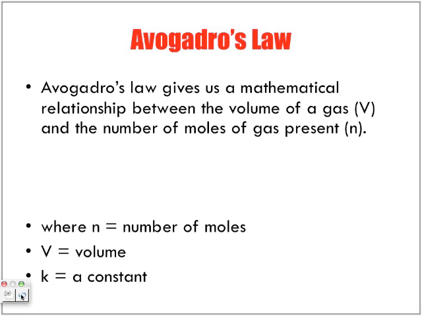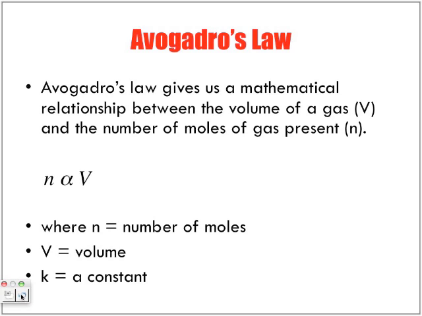So, Avogadro's law. Avogadro's law gives us a mathematical relationship between the volume of a gas, V, and the number of moles of gas present, which is n. So, n is going to represent the number of moles, V is going to represent our volume, k is going to represent some kind of a constant.